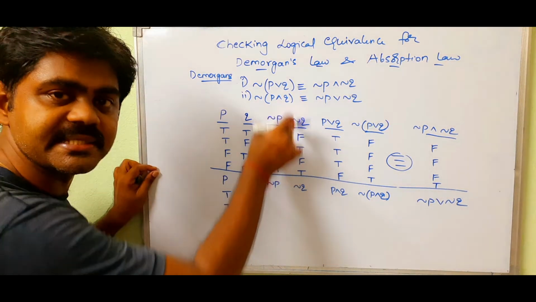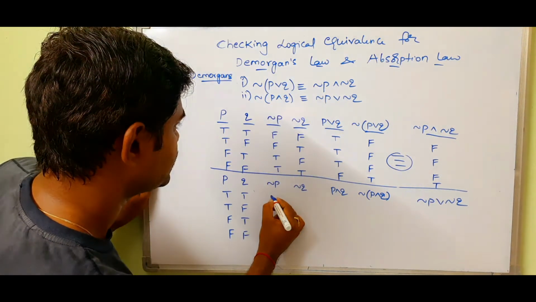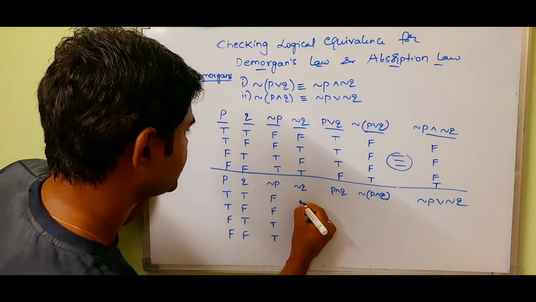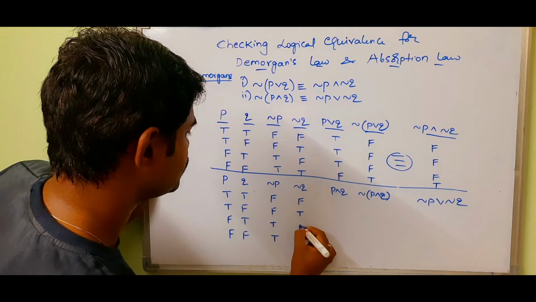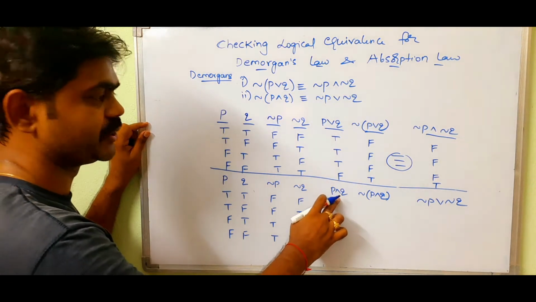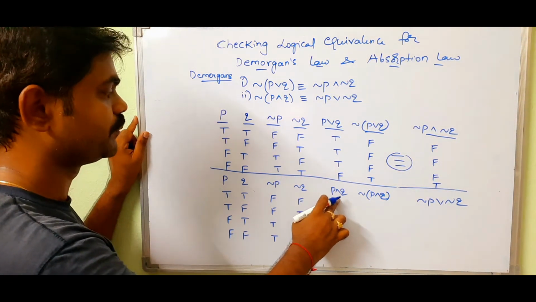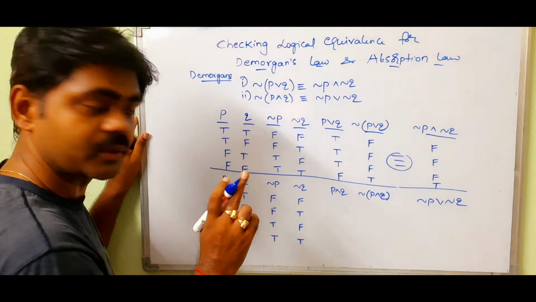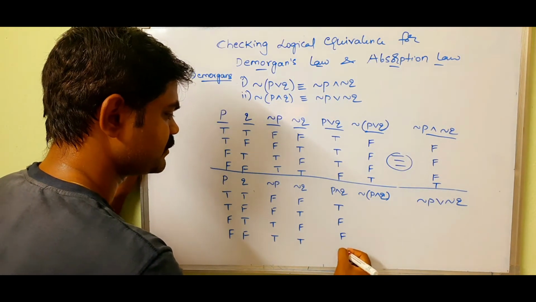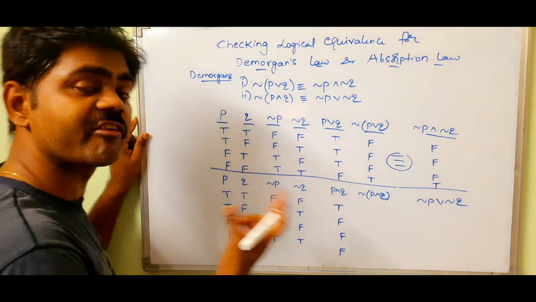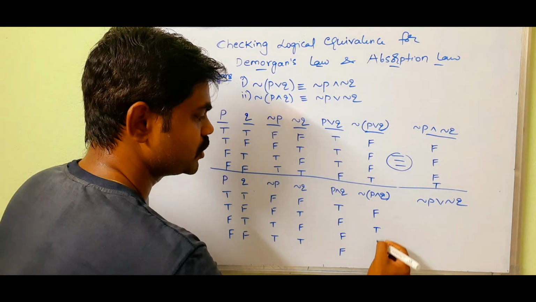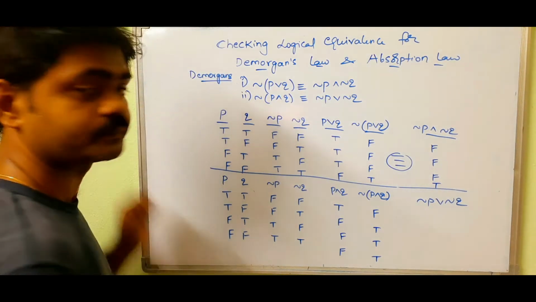Negation P, negation Q are filled with the same values as before: false, false, true, true and false, true, false, true. Now what is P and Q? Both should be true. So true, and in all remaining cases false. What is negation of P and Q? Exactly opposite to this: false, true, true, true.